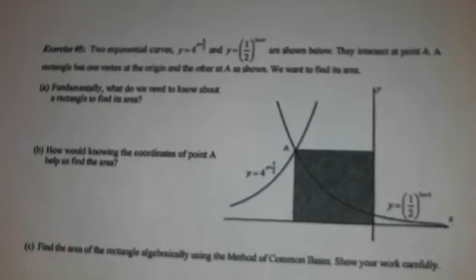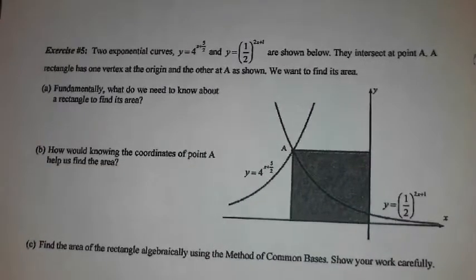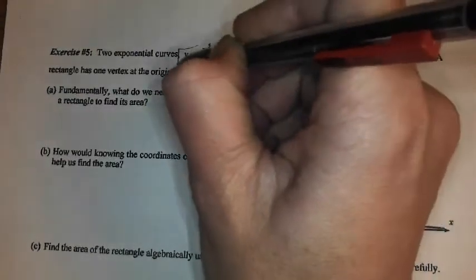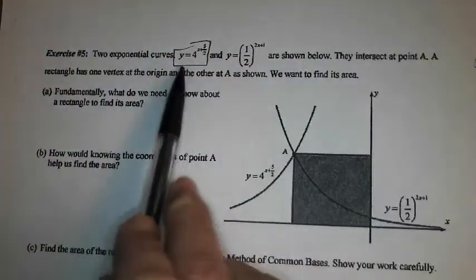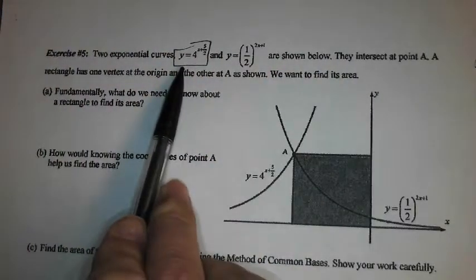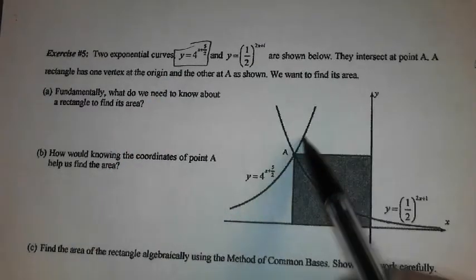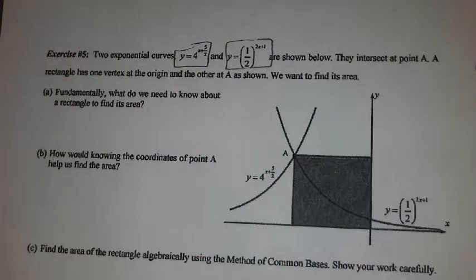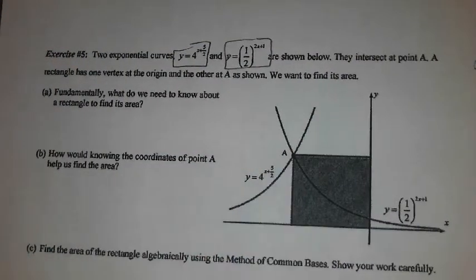All right, what do we got going on here? Two exponential curves again. This one is labeled here, and this one is labeled here. They intersect at point A. Can we find point A or no?